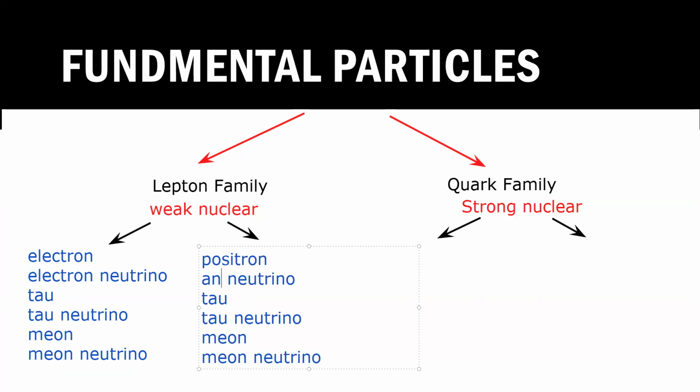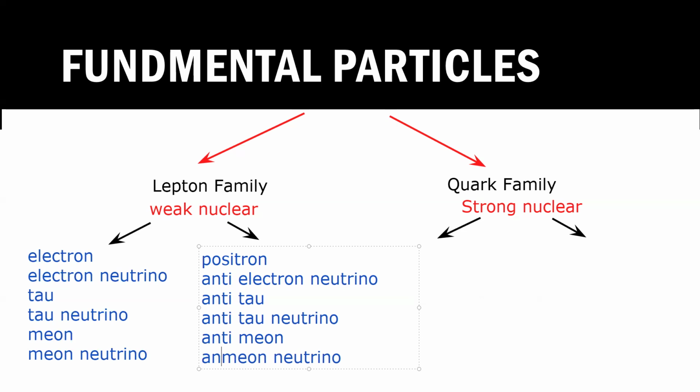And then we have anti-electron neutrino, anti-tau, anti-tau neutrino, anti-muon, and anti-muon neutrino. So we have the particles and their antiparticles.